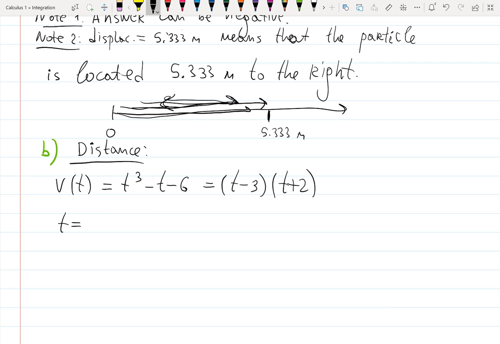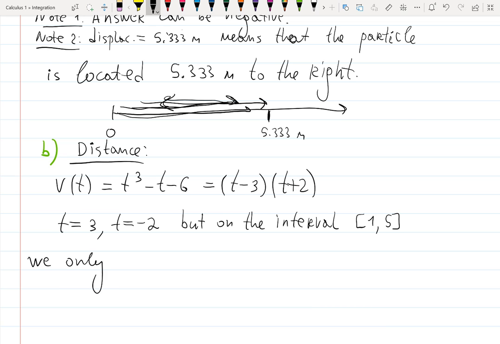The function has two roots, 3 and negative 2, but on the interval we're looking for, from 1 to 5, we only need t equals 3, which makes sense. We don't want to have negative time anyways.